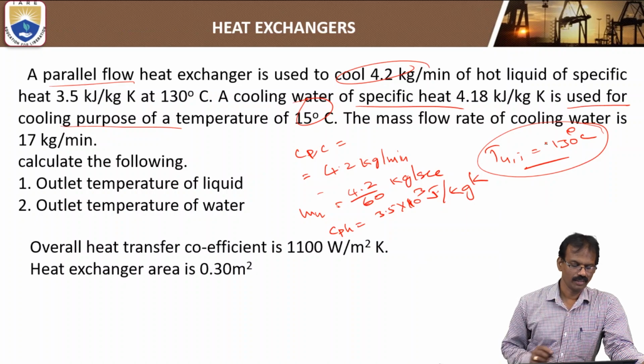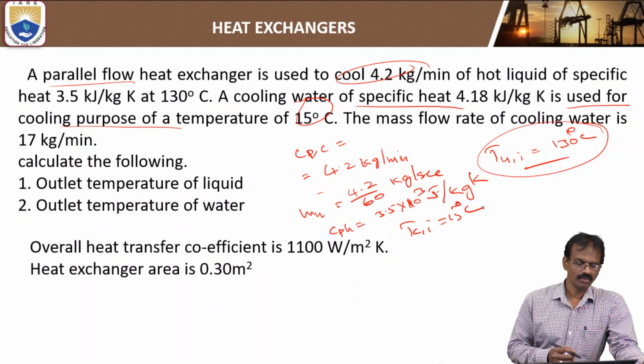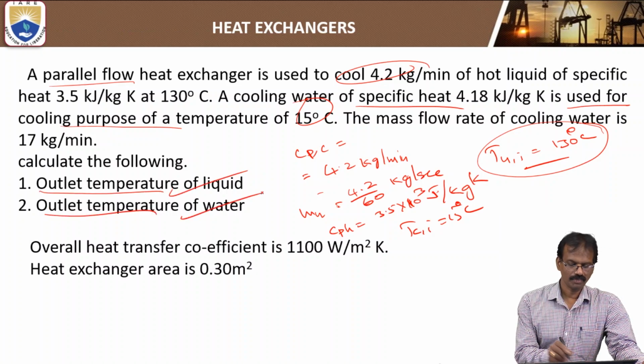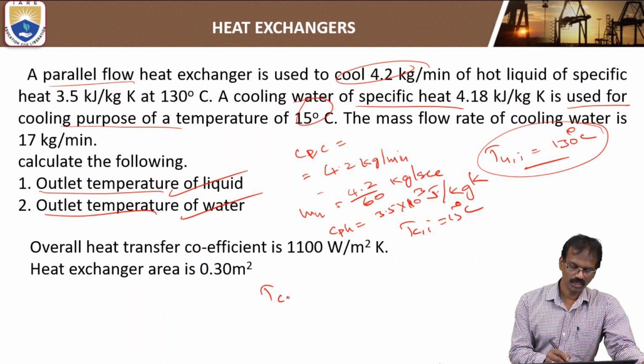So these are the given data. Only inlet temperatures are given, 15 degrees Celsius. Then you have to find the outlet temperatures of the liquid and the outlet temperatures of the water. So we have to find the Tc naught and Th naught values.